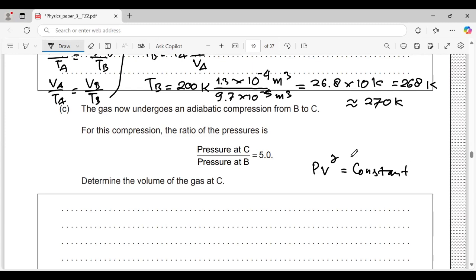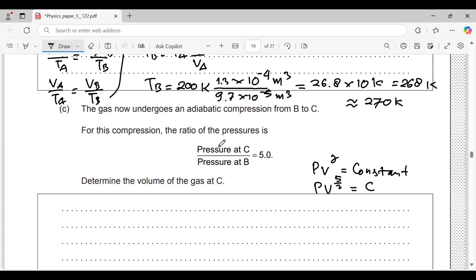Gamma is 5/3, so PV power 5/3 equal constant. Gamma is 5/3 because gamma is the adiabatic index for a monoatomic ideal gas.